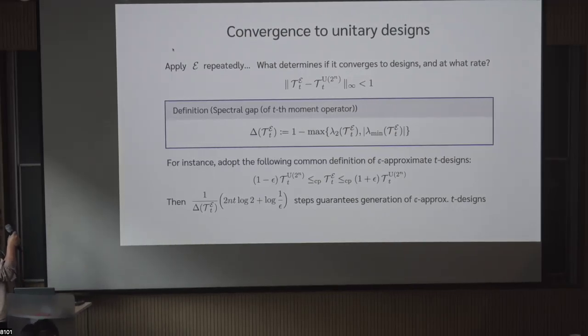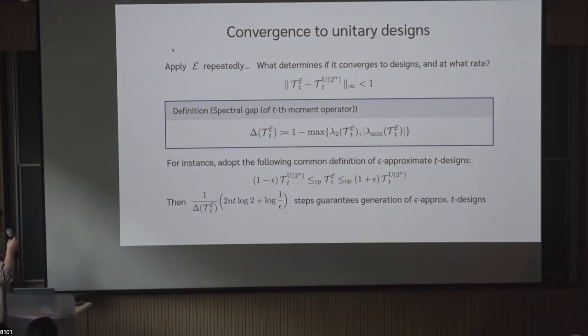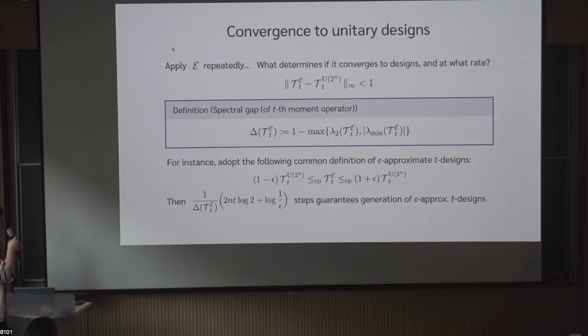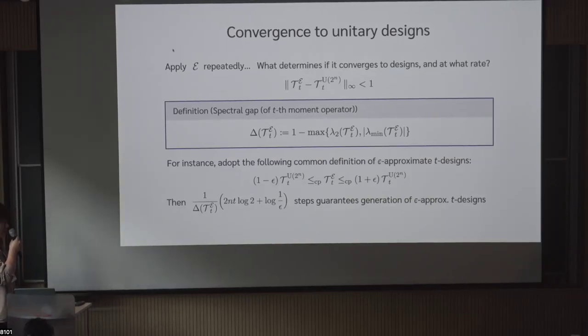This notion is very central to the whole story, and later we'll see how this happens. Then, using the strong definition of approximate designs introduced in the morning, the relative error version of designs, we can show that this spectral gap controls the depth needed to generate epsilon-approximate T-designs.